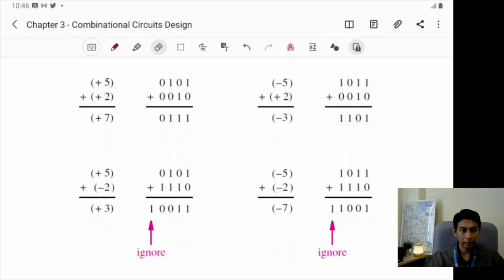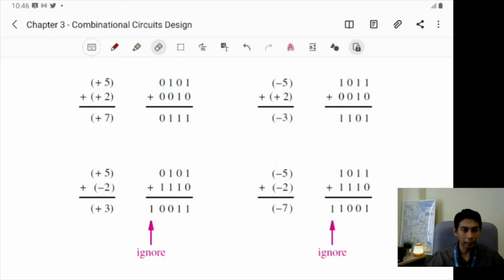And now the interesting part is this. Again, 5 plus minus 2 means 5 minus 2, and the answer should be 3. This is 5 in base 10, and this is minus 2 in second complement representation.